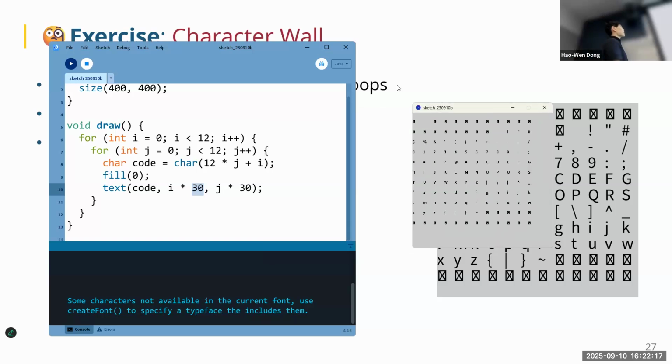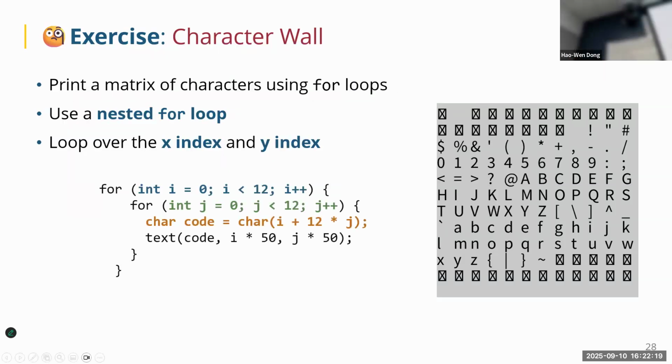So what you will do is: integer i equals 0, i smaller than 12, i plus plus, to loop over the x-axis, and you loop over the y-axis. How you get the code will be i plus 12 times j, so that you go from 0 to 11, 12 to 23, 24, 25, 26, all the way to the last one, which would be 132 to 143.